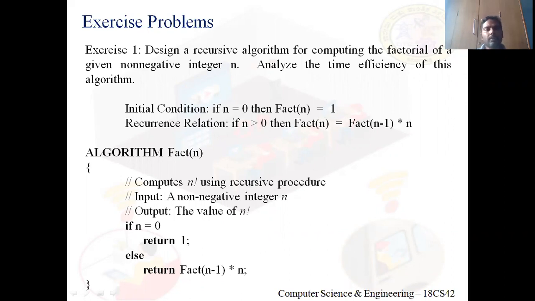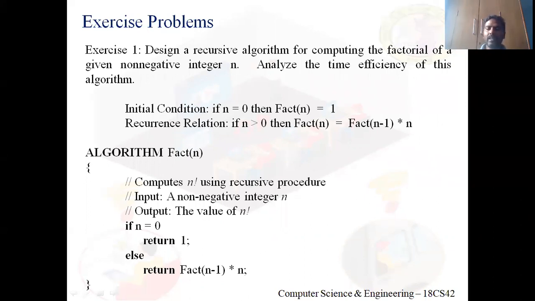Here, you need to design a recursive algorithm. A recursive algorithm is an algorithm that invokes itself, an algorithm that calls itself. Clear?